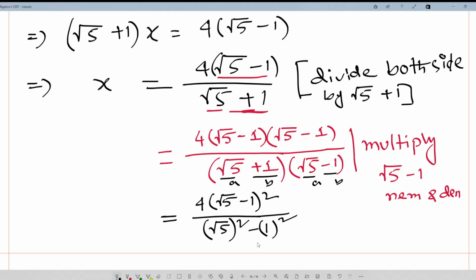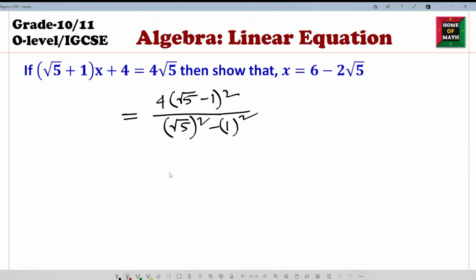Okay, we can transfer the last line to the next page. So here is 4 times (√5 − 1) whole square and denominator √5 squared minus 1 squared.